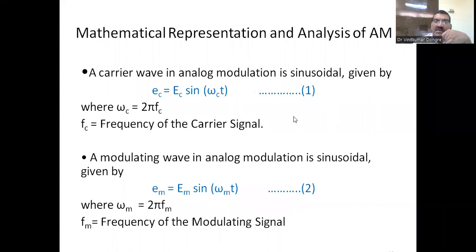Okay. So here now we'll go into a mathematical representation of amplitude modulation. So in the amplitude modulation, there are two signals. One is this carrier signal, and the other is your modulating signal.